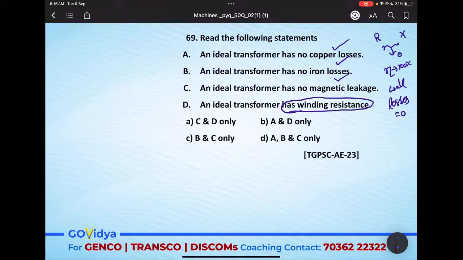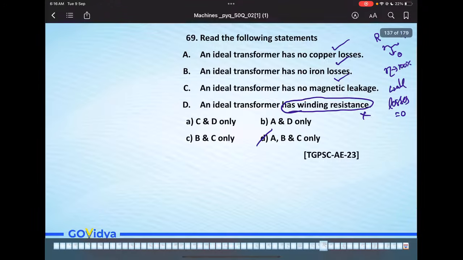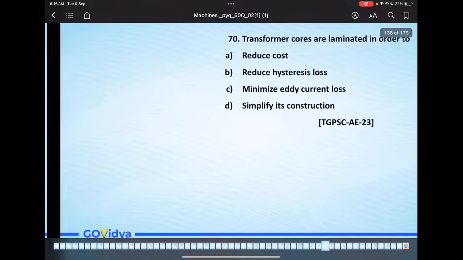So it is violating the ideal transformer condition. So except D, all other options are correct. Our answer is A, B, C only. D is not a correct statement. Let's move on to the next question.